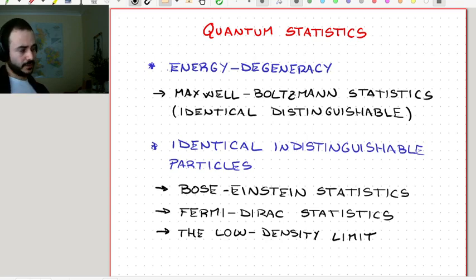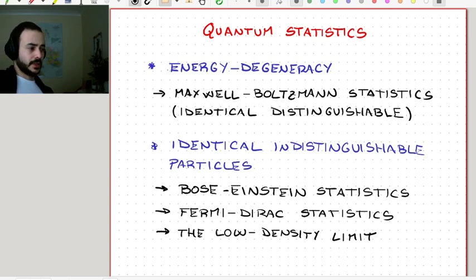Before, what we did was to count how many particles were in each of the possible single particle states of our system. And now we are going to forget a little bit more information in general, and we are only going to count how many particles have a certain single particle energy value.